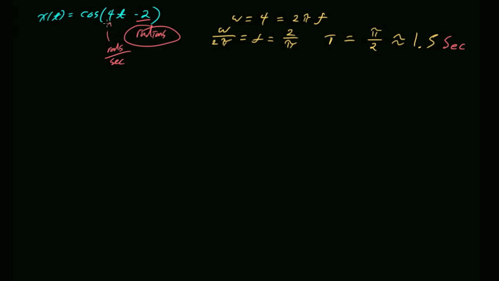So are we going to shift it to the right by 2 radians? How do we shift it to the right by 2 radians? Well, we know a minus sign always shifts things to the right.